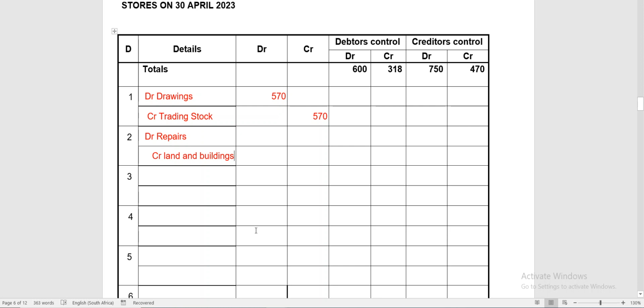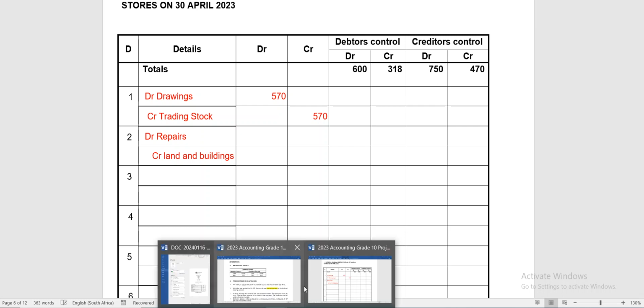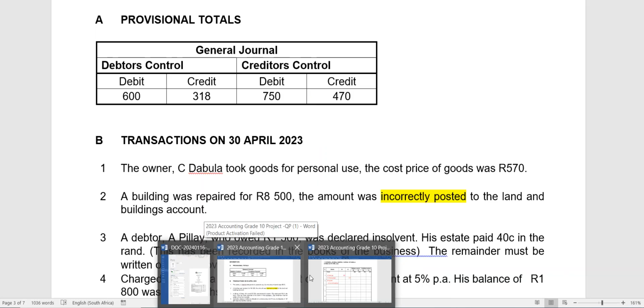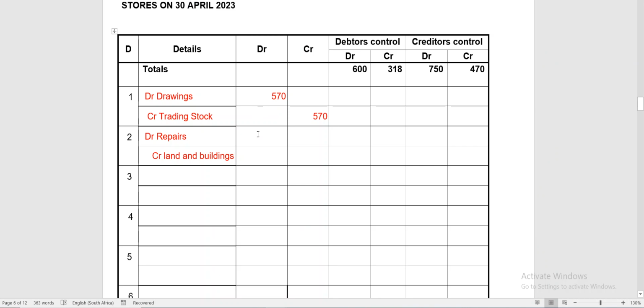Okay, so let's check the amount. The amount according to this is 8,500. So we know that this transaction has got no effect on the debtors control and creditors control, so we will not record it on the debtors control and creditors control. Okay, so we can go to the third transaction.